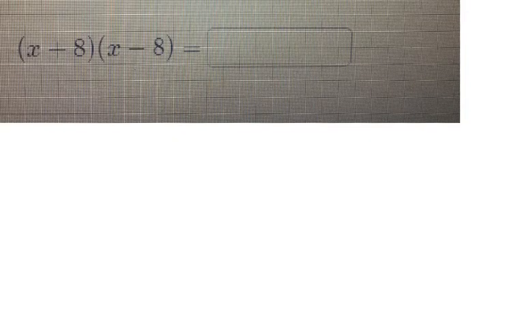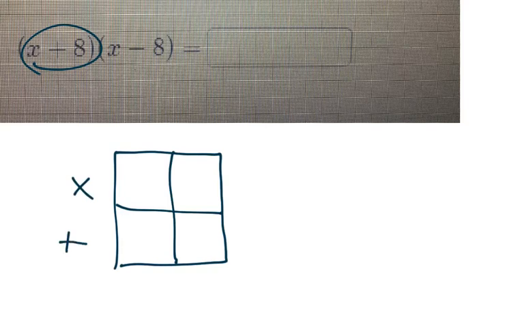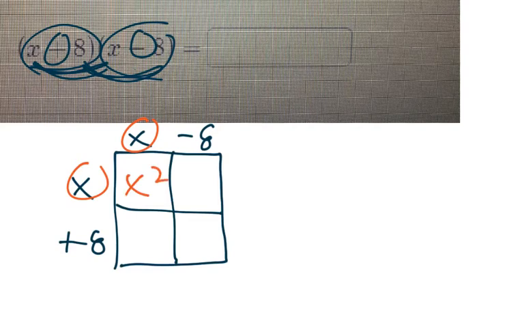Okay, guys, this one right here, again, we'll do it one more time the area model way. Notice right here I have x plus 8. Right here I have x minus 8. But guys, the bottom line is whenever they're the same, they're squares like that, with one plus and one minus, the middle's going to cancel out. Watch again. X times x, of course, is x squared. Minus 8 times x is minus 8x.